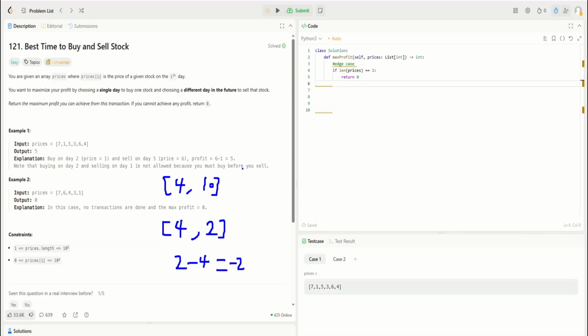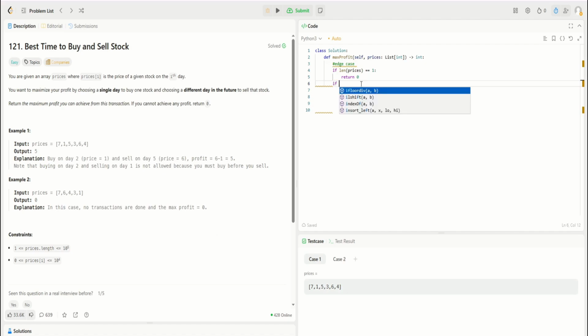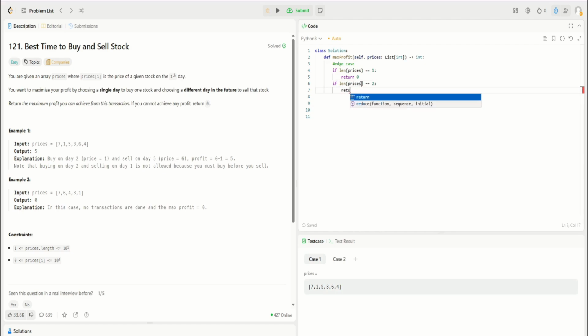So if the length of prices equals 2, we can just return the maximum of prices[1] minus prices[0], and 0. Because if this one is positive, we take it, otherwise we get 0. So we can say avoid loss.